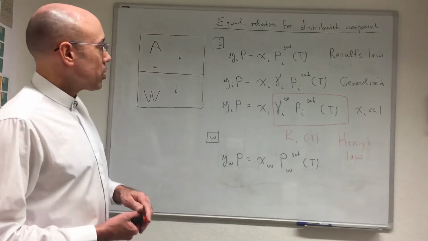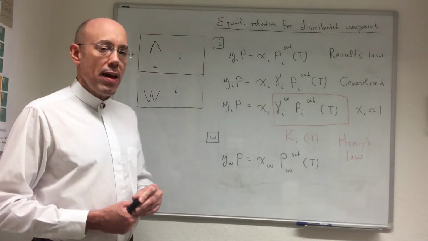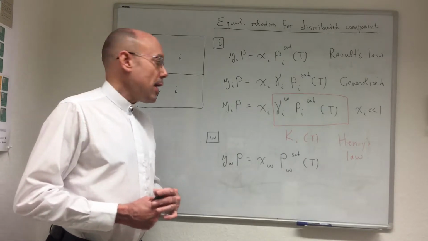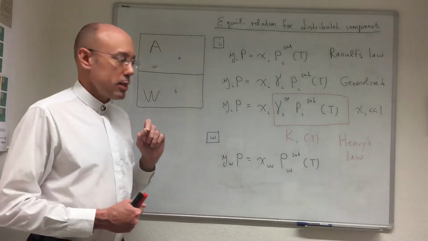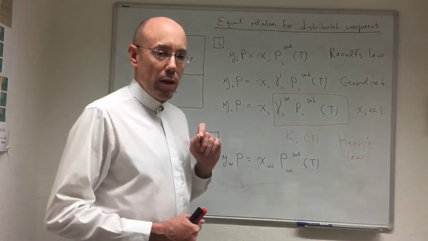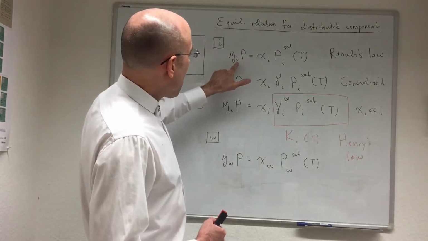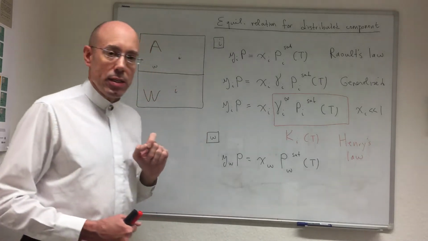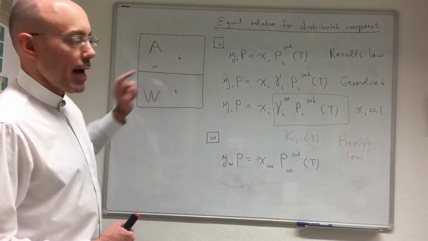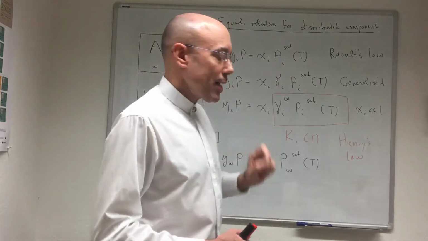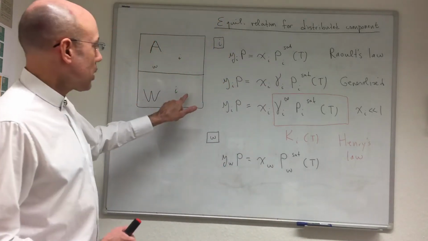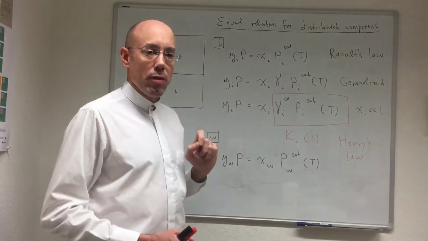So whenever you have a distributed component and you allow the system to come to equilibrium, which is what we're doing, after shaking this all up, we're letting it settle down and letting it relax to however it wants to be. So for a distributed component, you write down a phase equilibrium relationship, and it might be Raoult's law, if Raoult's law is valid. And so just by rote, I write down y_i P = x_i P_i^sat, where y_i is the mole fraction of I in the gas phase, and x_i is the mole fraction of I in the liquid phase times its saturated vapor pressure.